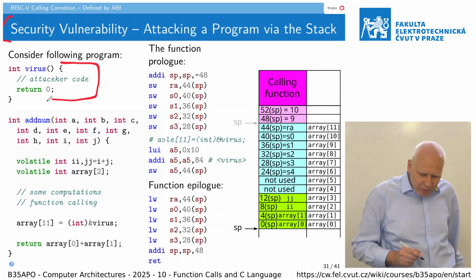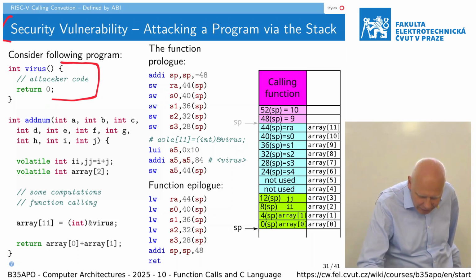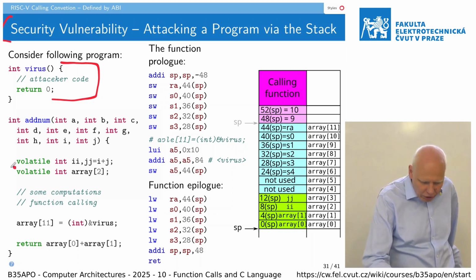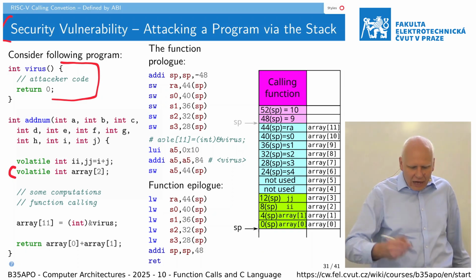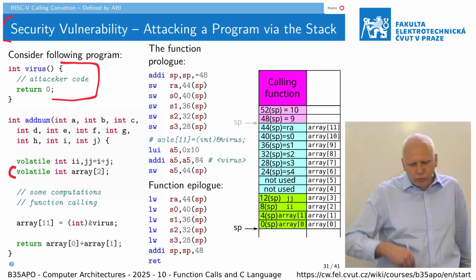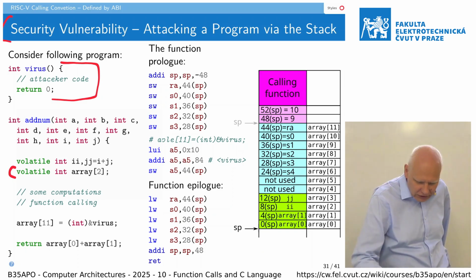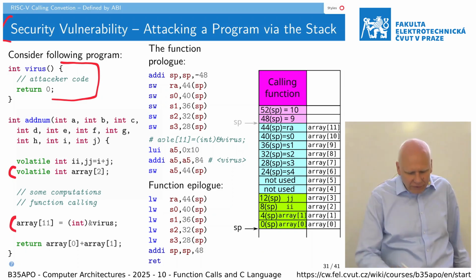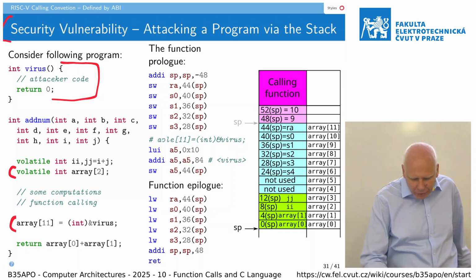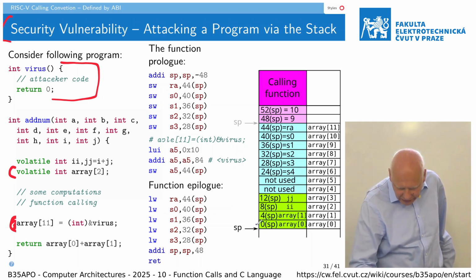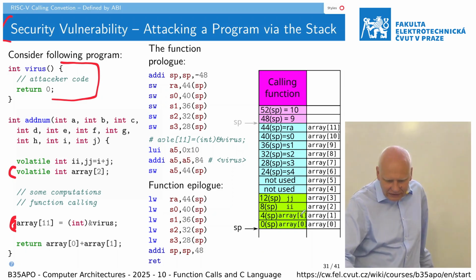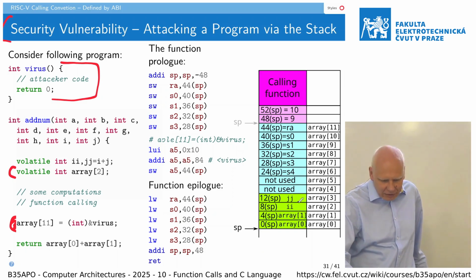And there is a problem that if you allocate, for example, this small array in your code, and allow access to an arbitrary location in that array to some function which is called from your function, then what can happen is that a given location on the stack would be rewritten, because C basically doesn't prevent you from using even indexes which are out of the range of the given array.